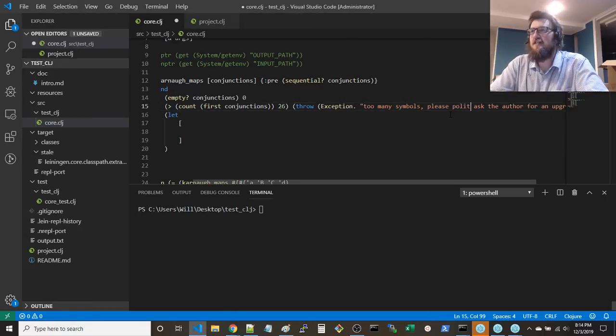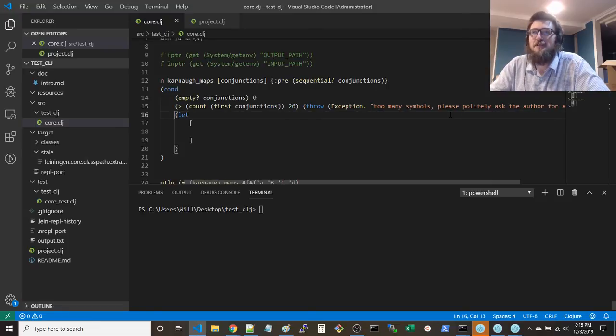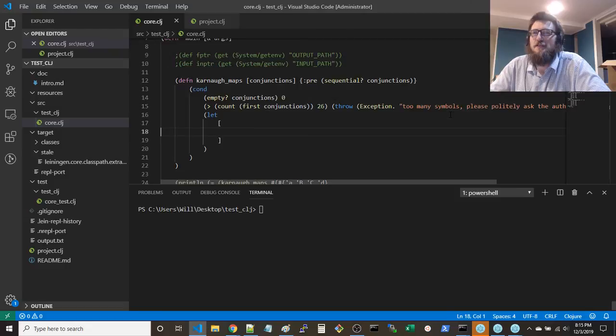Politely ask the author for an upgrade. And all right, so we're getting to the meat of the program. Say otherwise.